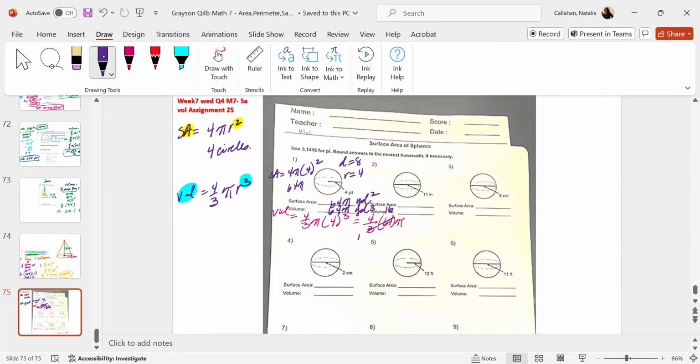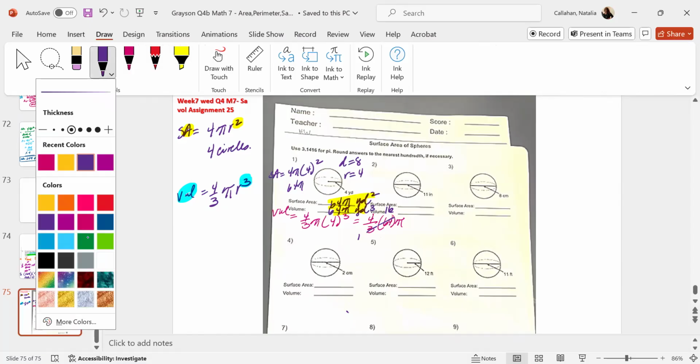Those are your 2 answers. They're exactly the same. Do you see that? Do that, please. Move on to number 2. You could do this later.